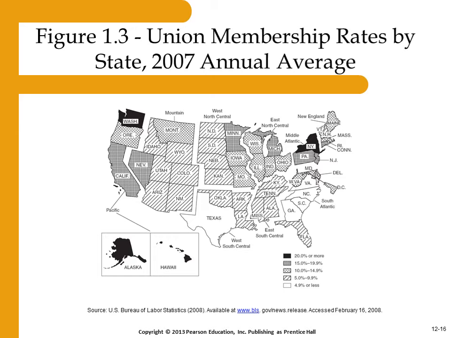Union membership is 20% or more in states like New York and Washington, 15% to 20% in states like Pennsylvania and West Virginia, D.C., Maine, New England, and on, down to states where we have 4.9% or less union membership, like Texas, South Carolina, North Carolina, Virginia, and Georgia.